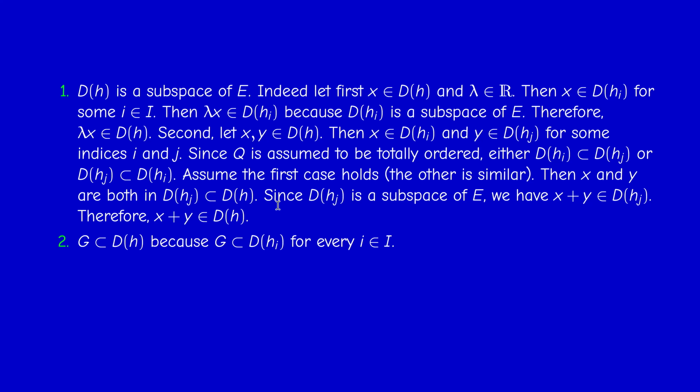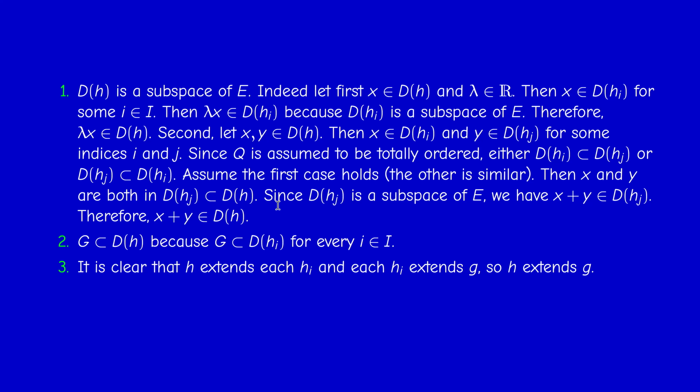Second point, the domain of H contains the subspace G, on which small g is defined. This is also by definition, because by definition of the set capital P, each h_i in Q contains the subspace G. So the union contains G, because H is the union of the h_i.